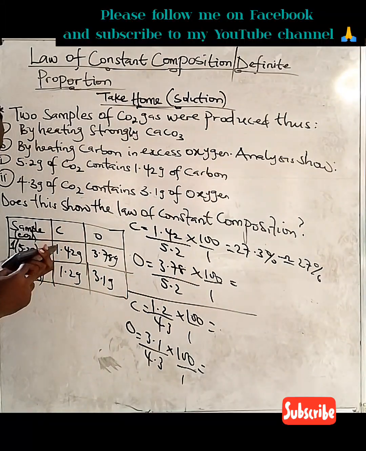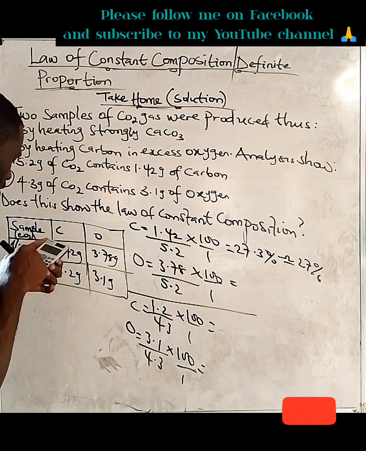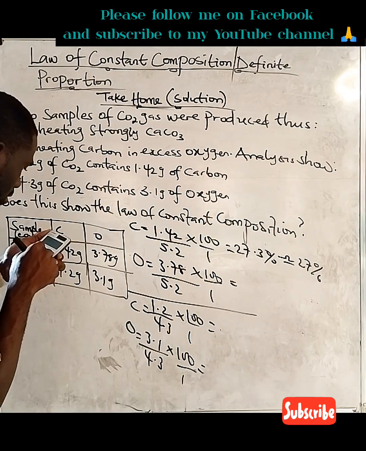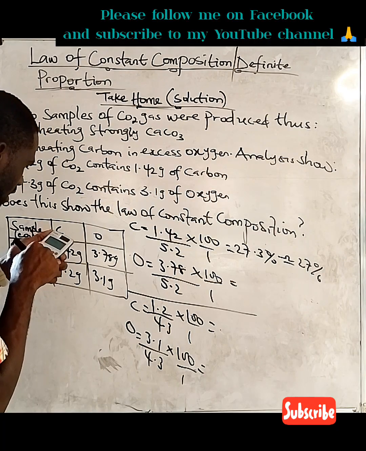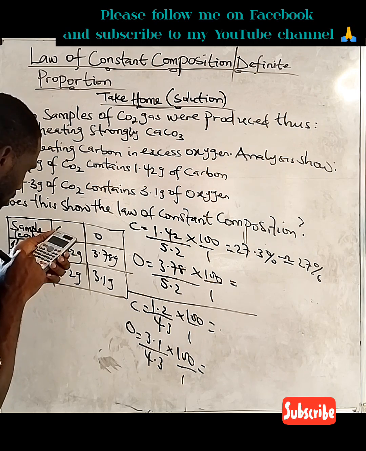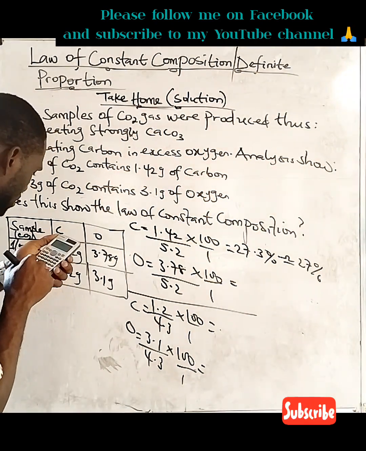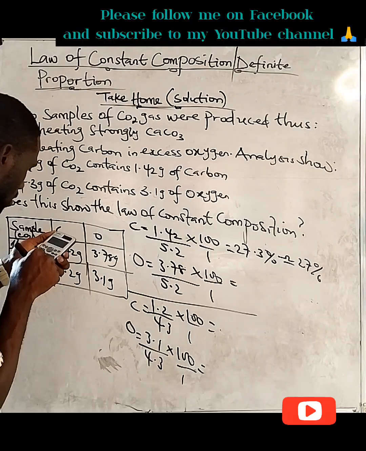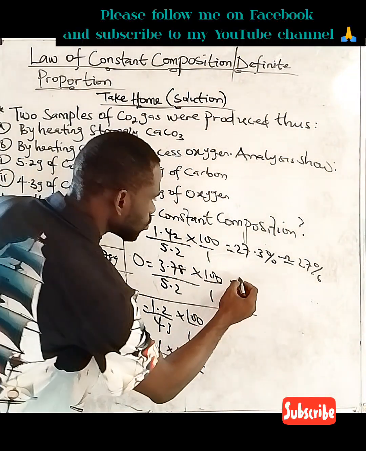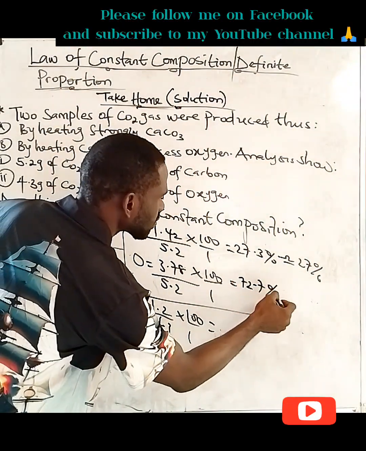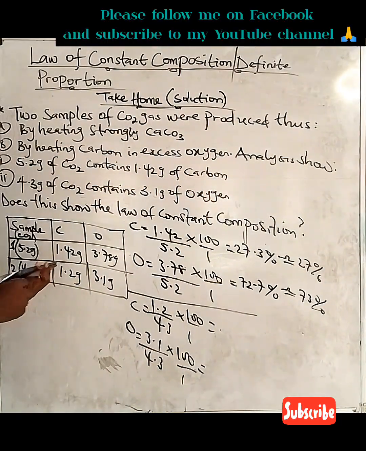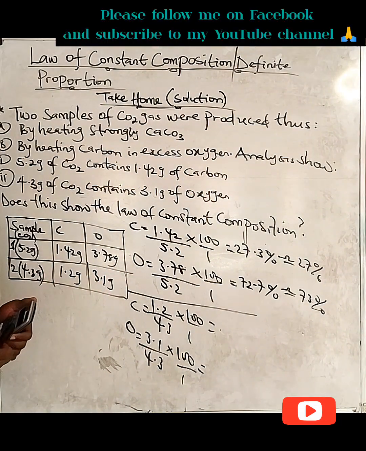Next, 3.78 times 100 divided by 5.2, I beg your pardon. We have 72.69, that is 72.7%, approximately 73%. So it means we have more oxygen in carbon dioxide than carbon itself.